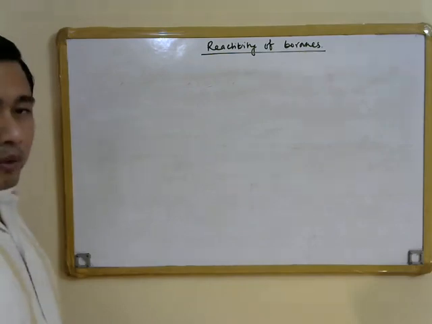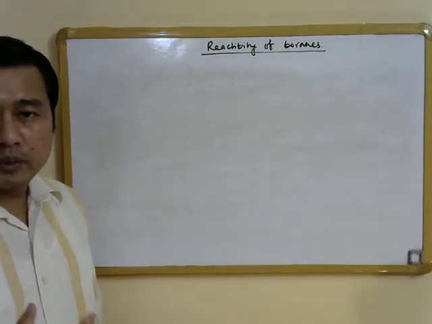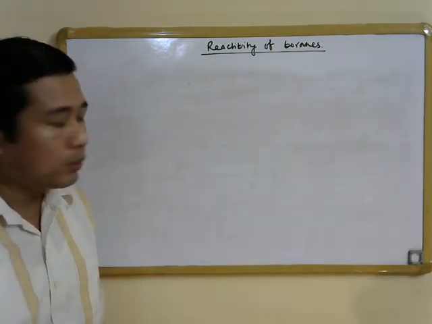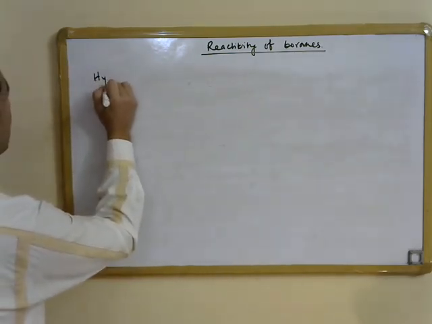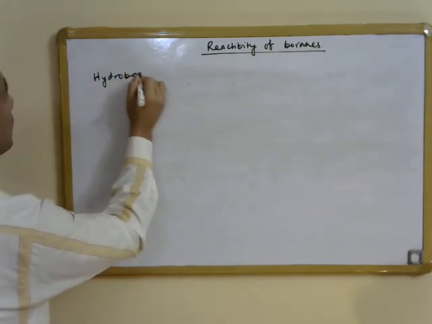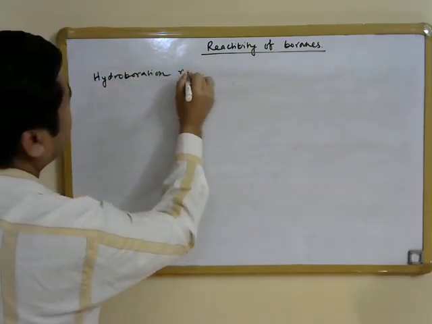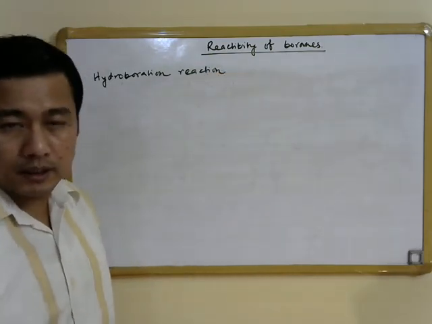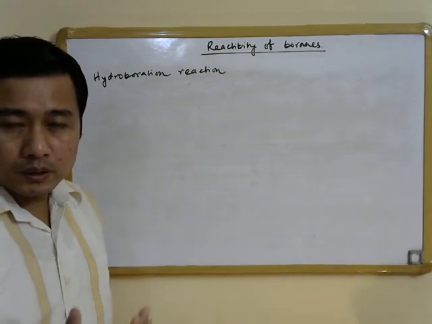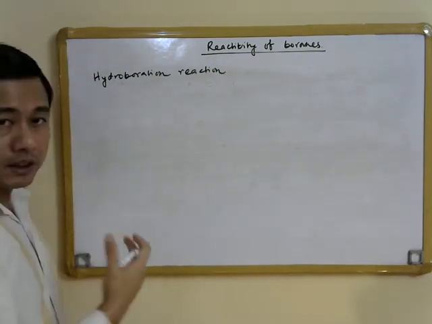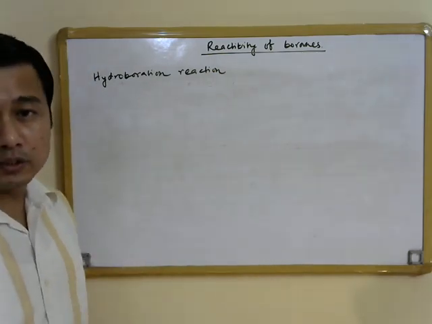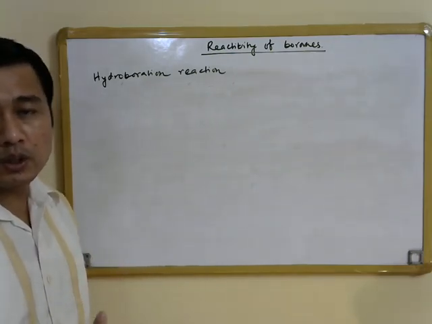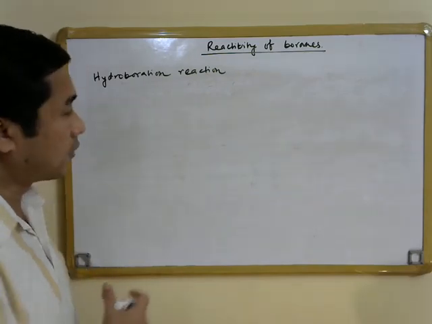So we already spoke about one very important type of reaction where diborane is used as a reagent, that is the hydroboration reaction. And you may have already learned about the hydroboration reaction in organic chemistry, where we know that this hydroboration reaction proceeds in an anti-Markovnikov fashion, that is, the hydroxyl group is essentially introduced to the less substituted carbon atom in an olefin.